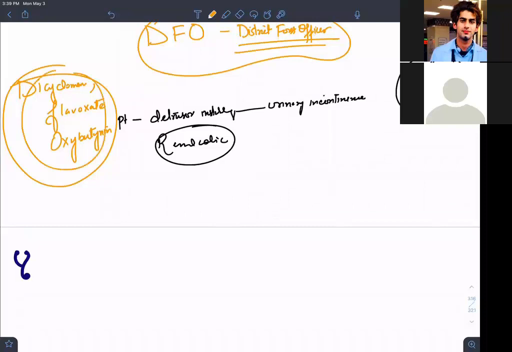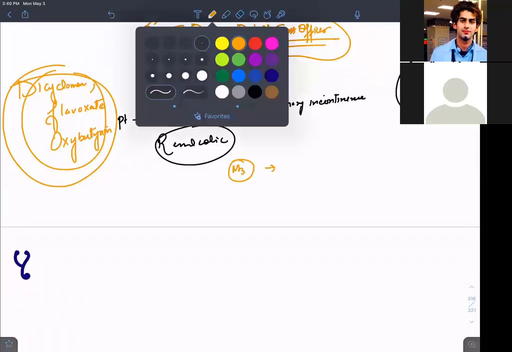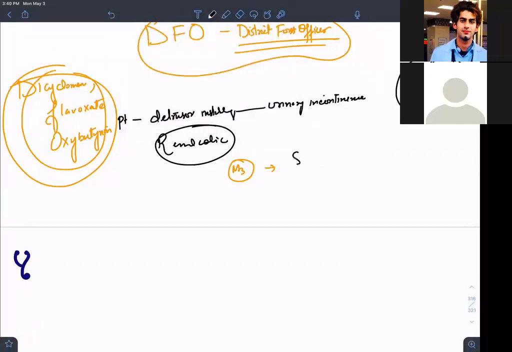But if I have to remember selective M3, which will be selective M3, guys? Let me write the mnemonic for you. SOFT, a famous mnemonic.